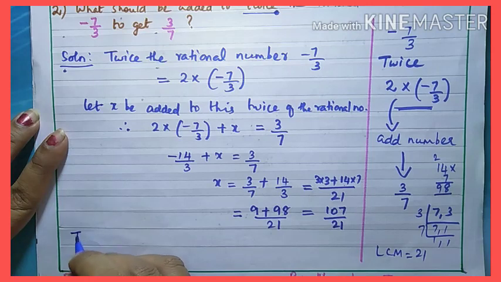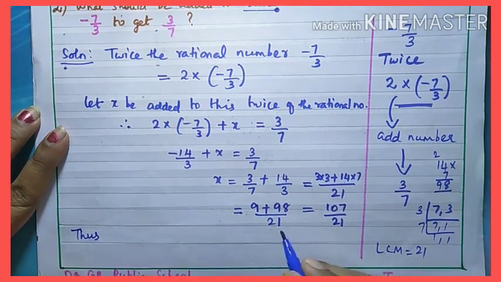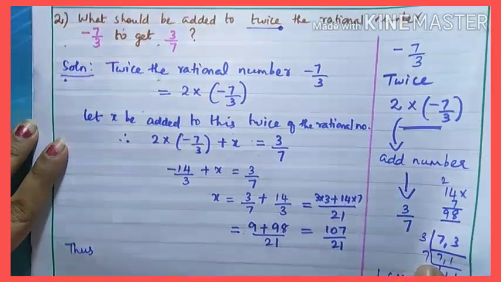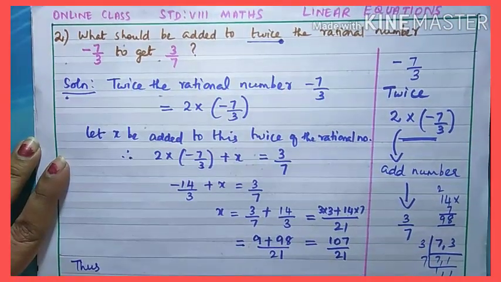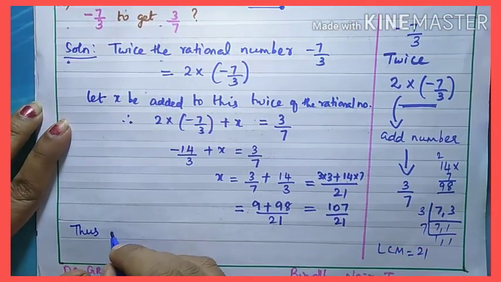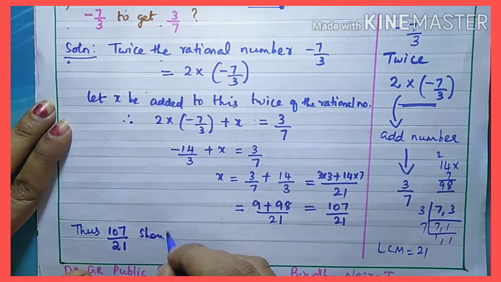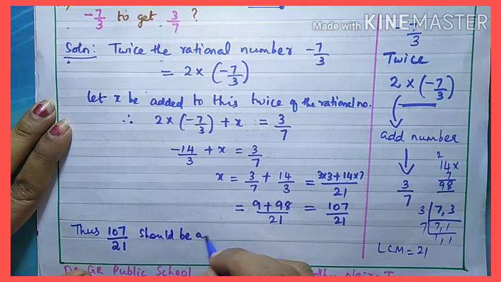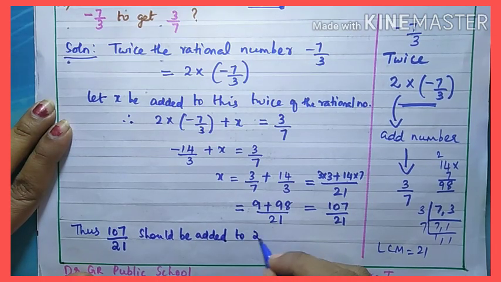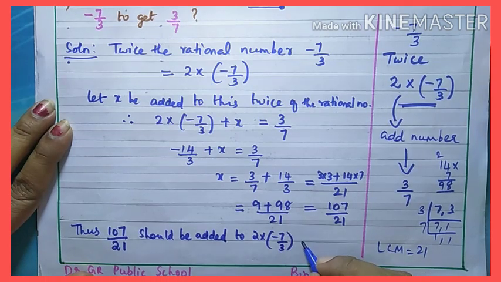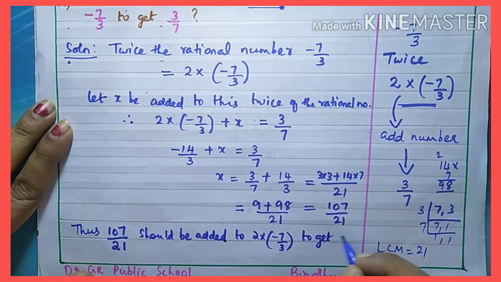So what is our question? What should be added? Okay, so how to write the answer? Thus, this fraction 107 by 21 should be added to twice the given fraction minus 7 by 3 to get 3 by 7.